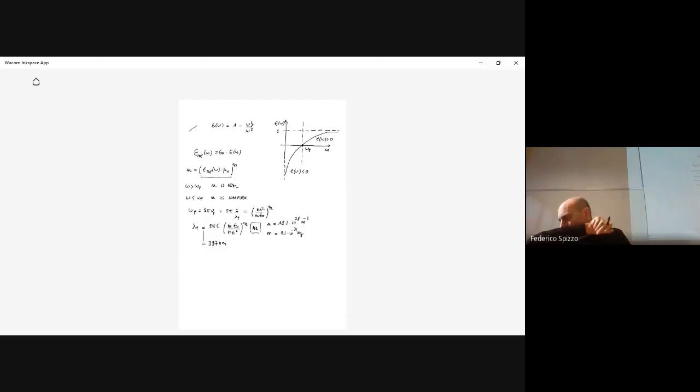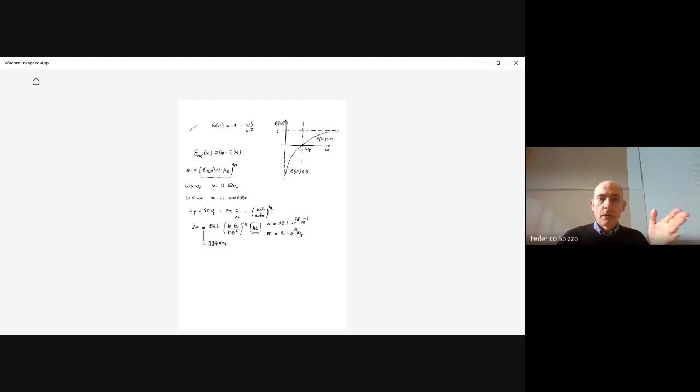So what is found is that the plasma frequency, or in this case the plasma wavelength, is not in the middle of the visible range of light, where our eye is more sensitive, but is close to the UV side of this spectrum.